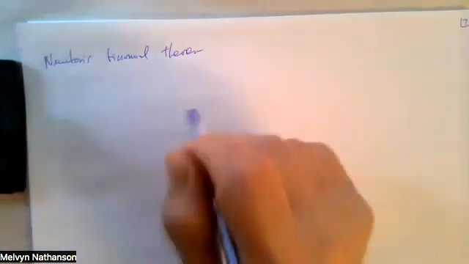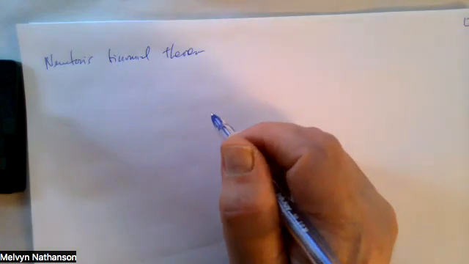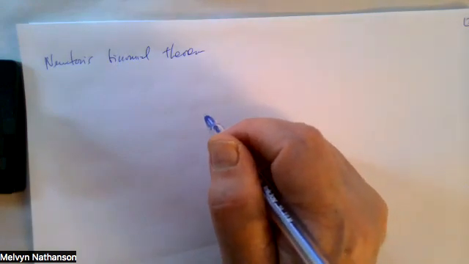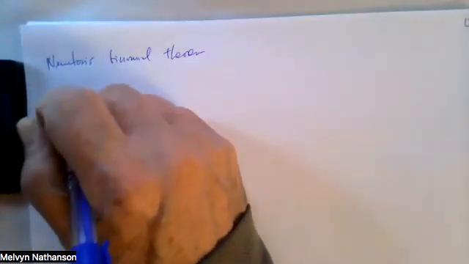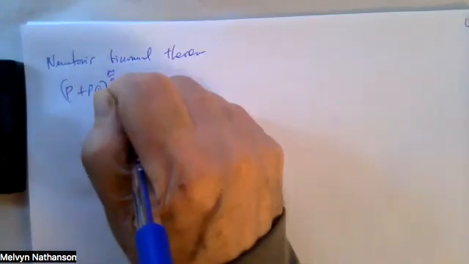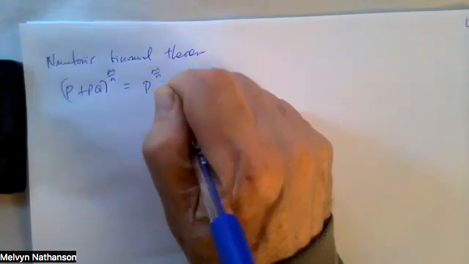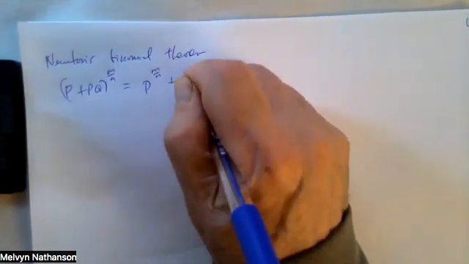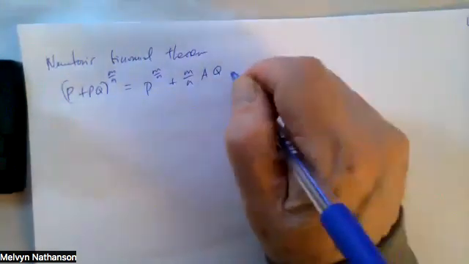Let me write it down again from the beginning and expand it. So Newton's binomial theorem says that (P + PQ)^(m/n) is P^(m/n). The next term is (m/n)AQ, where A is the previous term.